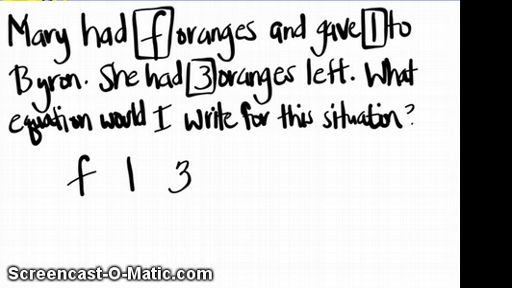So I'm going to say that that's F minus 1 because we gave 1 orange to Byron, and I know that Mary had 3 left. So we should have as our equation F minus 1 equals 3. So we'll see problems like that tomorrow as well on the assignment.